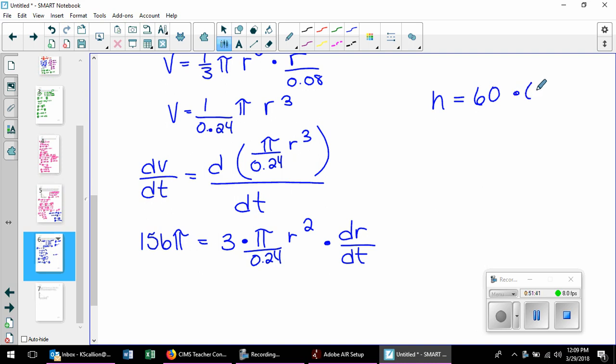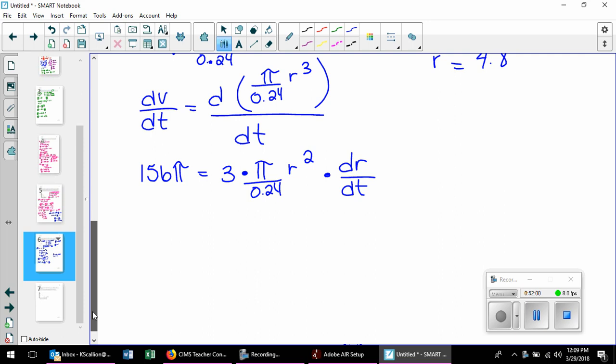Times it by 0.08. Anybody know what that is? 4.8. Hang on. That's the radius. 4.8 or 4.48? Okay. I'm good now. All right. So this one was pretty easy.